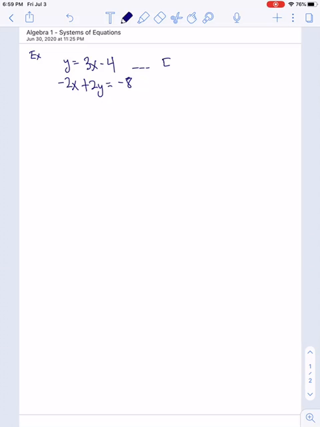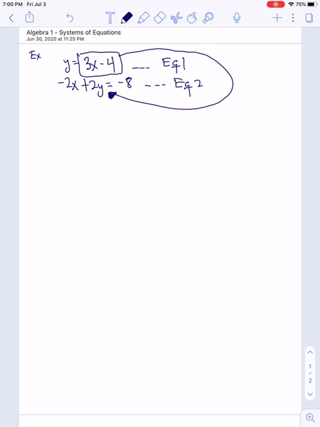Our first one being equation 1 and our second being equation 2. So in this situation, I'm going to pick this product, which is 3x minus 4. I'm going to plug it into the second equation for y in order to solve for x.